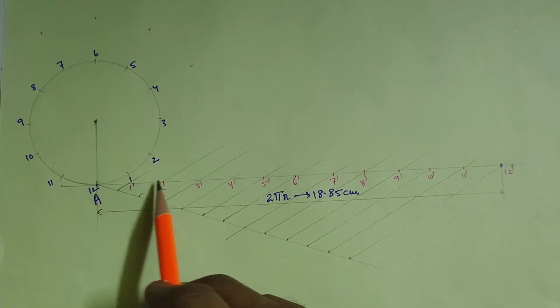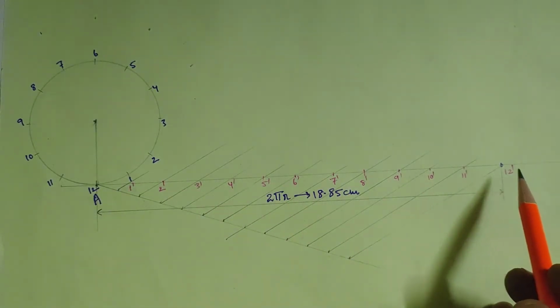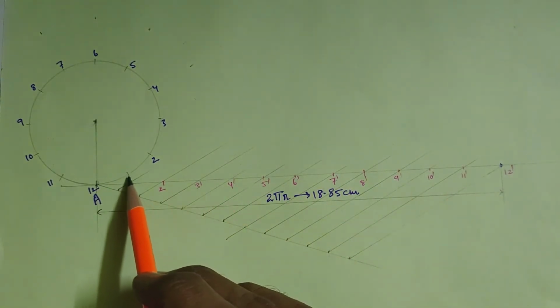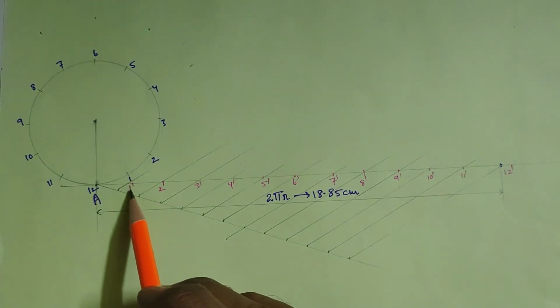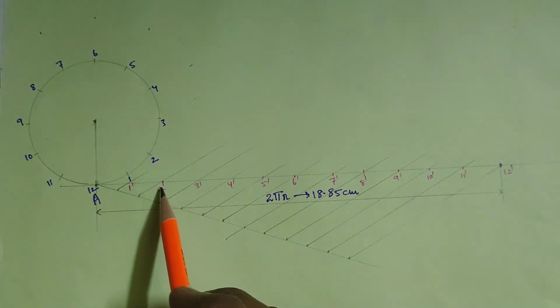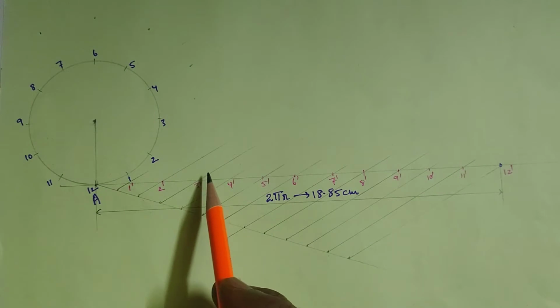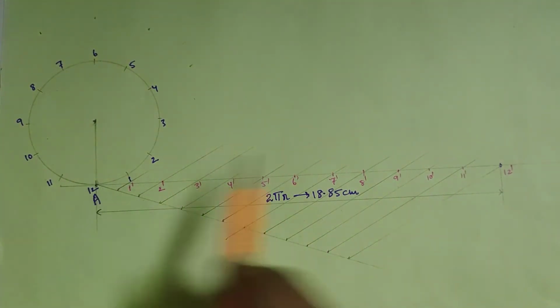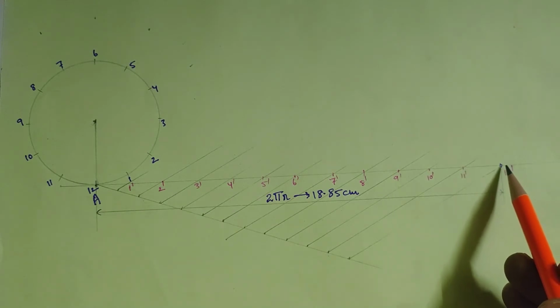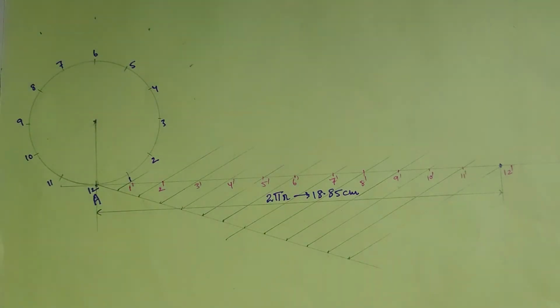As the circle rolls onto this particular axis, the different positions of the point A will be traced on the reference axis as 1 dash, 2 dash, 3 dash, 4 dash, like that. That is the reason why we have to divide this perimeter line also into 12 equal parts, as we have divided the circle.